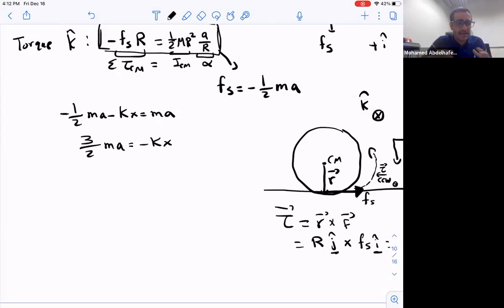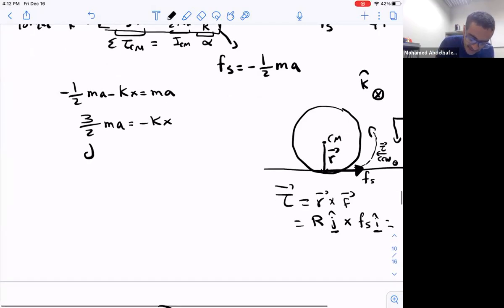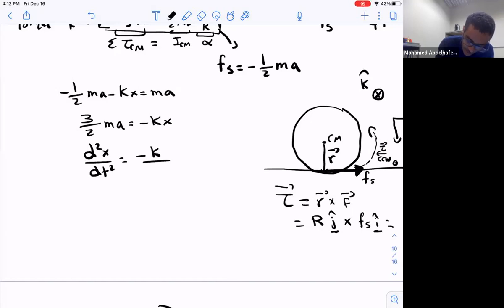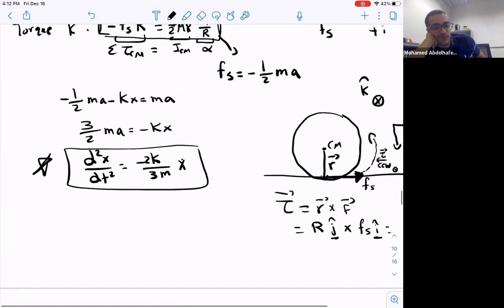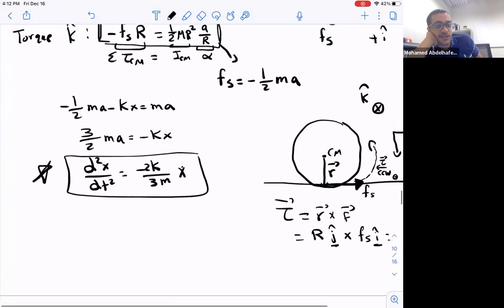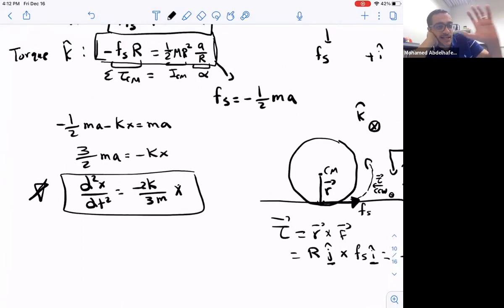Again, our target is to write down the differential equation, which looks like this: the second time derivative of x, which is the acceleration, is minus 2k over 3m times x. That is what we wanted to see. We eliminated the static friction force, and we showed that the acceleration, the second time derivative of x, is just minus a constant times x.